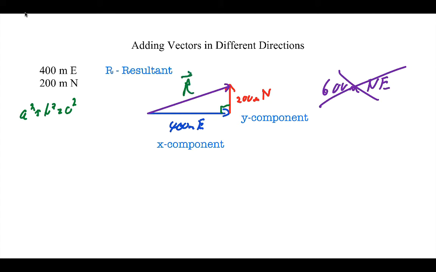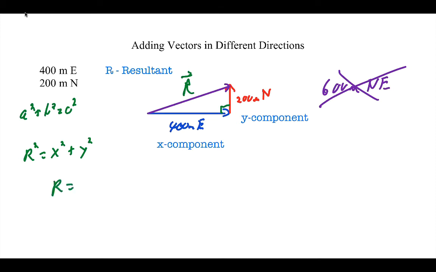R is a fancy word for what is called the resultant of the triangle, or in other words, the result of adding those two vectors together. Instead of a squared plus b squared equals c squared, here we would have r squared equals x squared plus y squared, the x component squared plus the y component squared. Now I only want r, so I would actually take the square root of both sides.